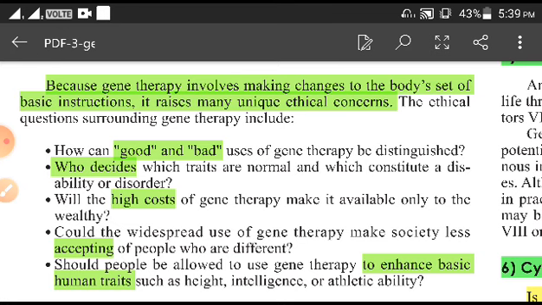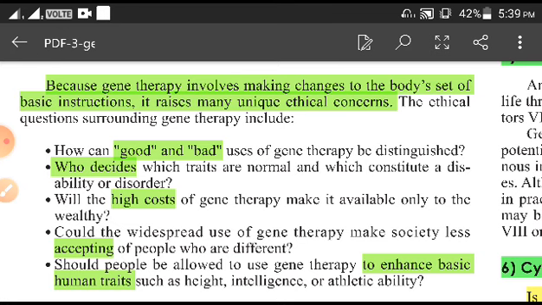Could the widespread use of gene therapy make society less accepting of people who are different? Yes, of course, because once these experiments are happening, people will get changes to their disabilities, and maybe the changes can be of another level, and they can be a different kind of people.